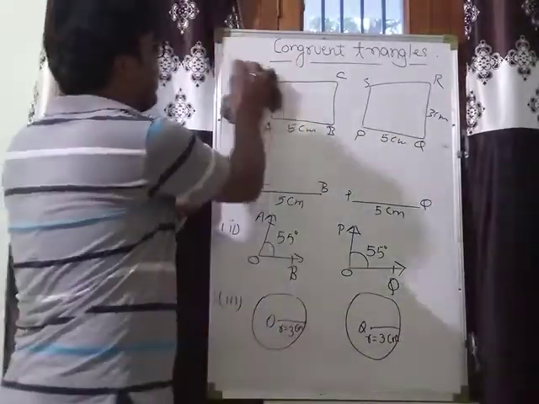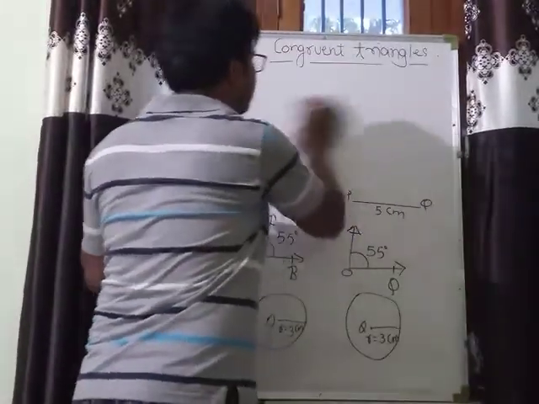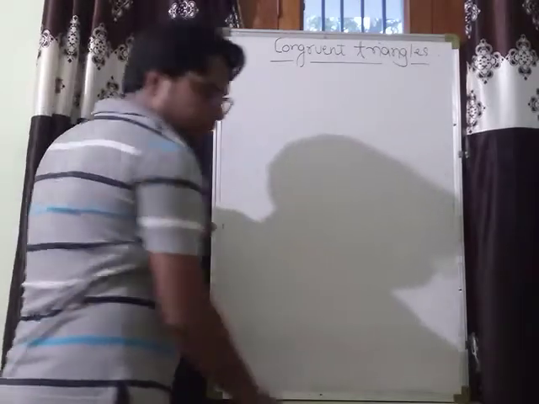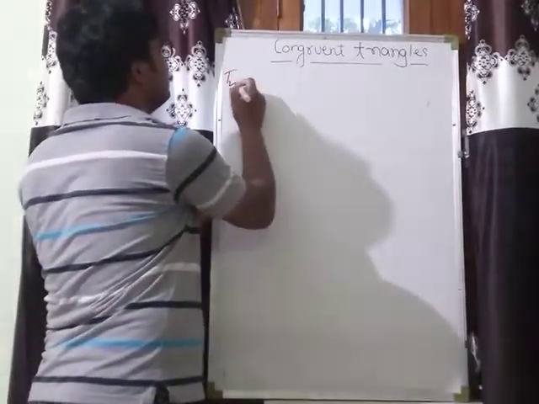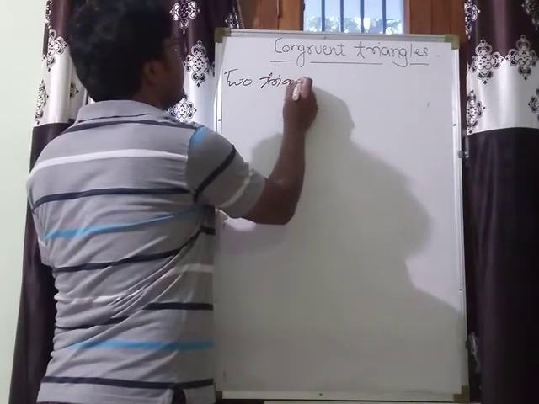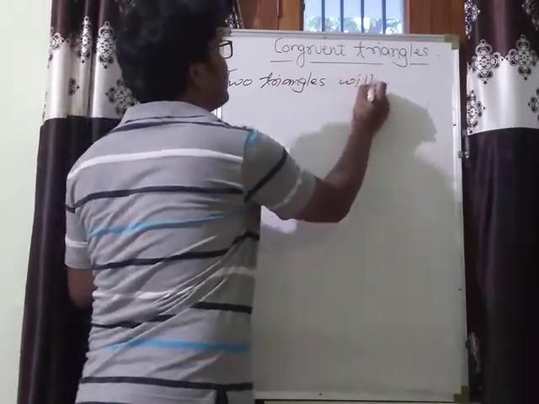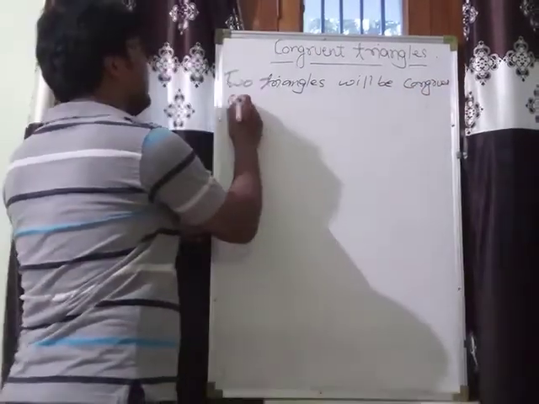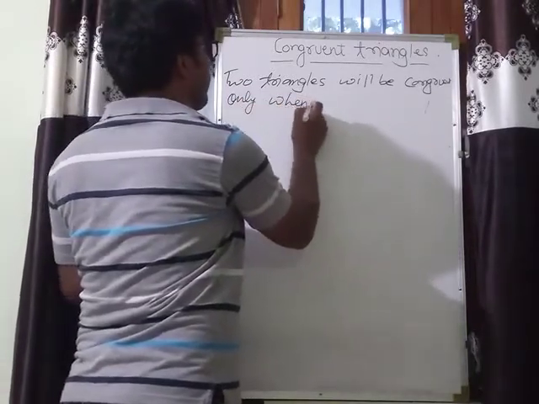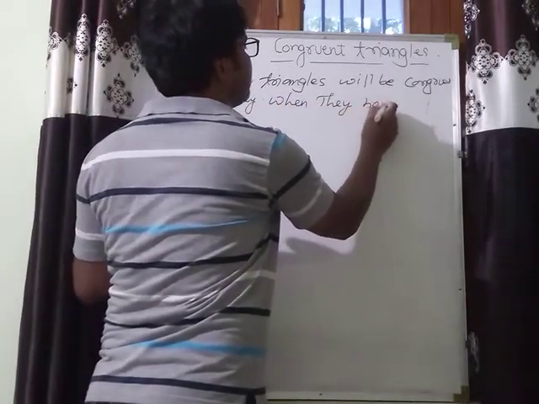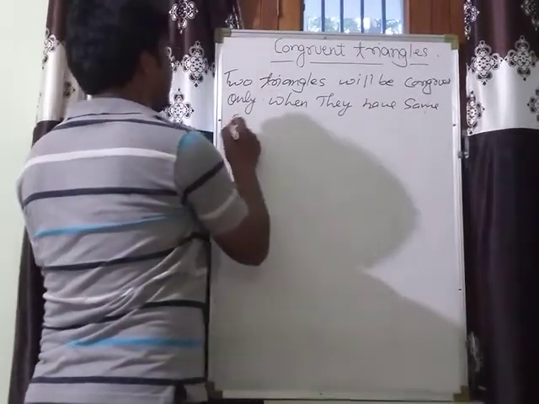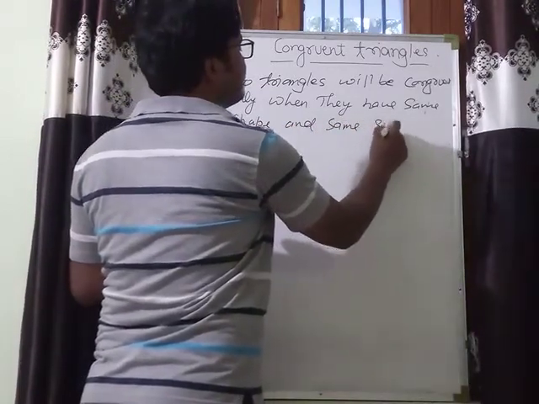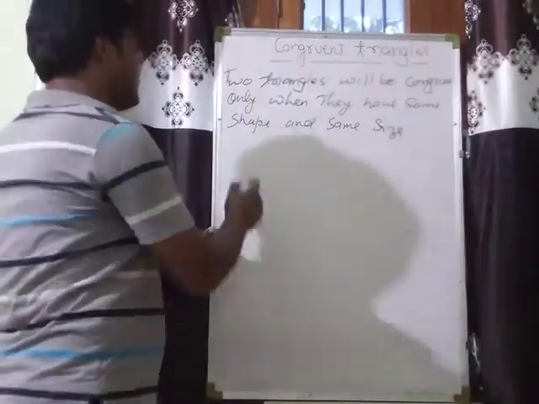So, write down: two triangles will be congruent only when they have the same shape and the same size.